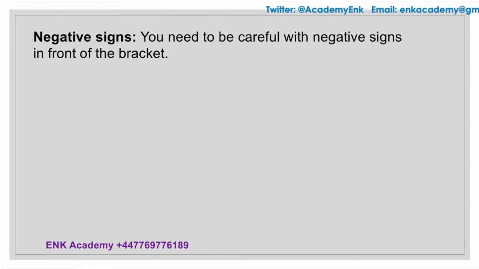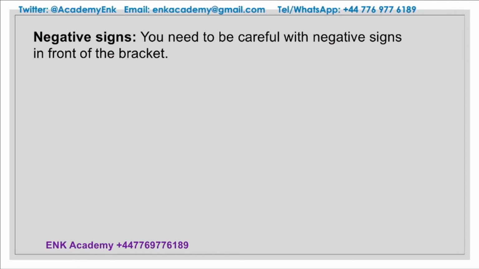So you need to be careful with negative signs in front of the bracket. Let's assume we have x minus 2 bracket x minus y.